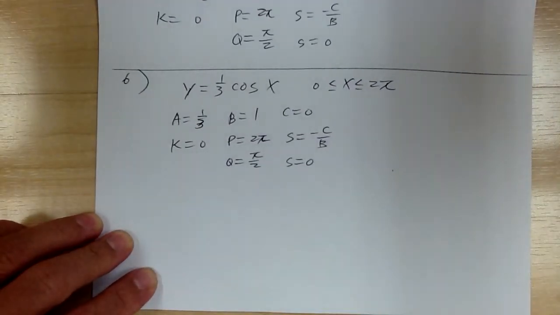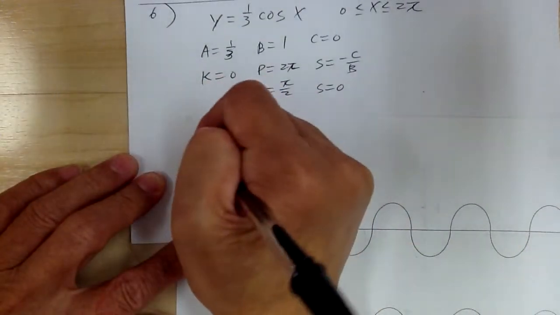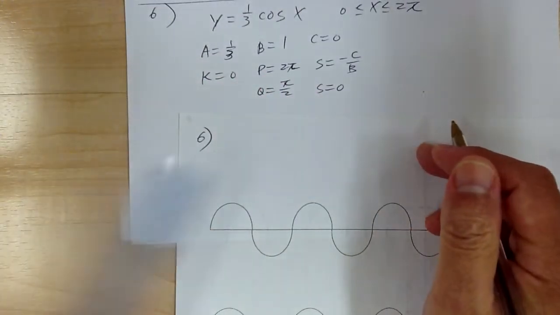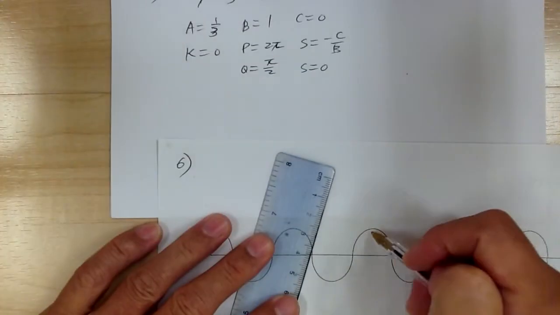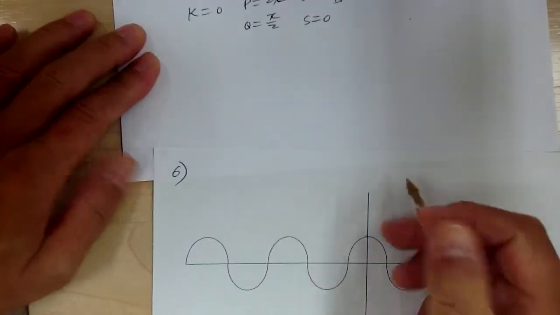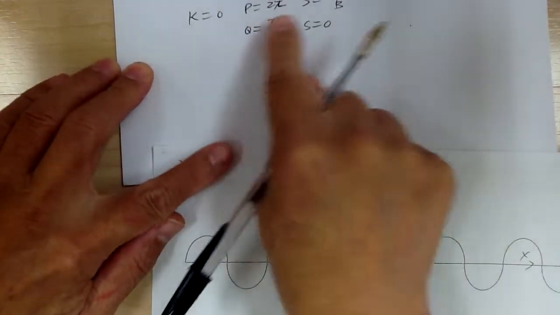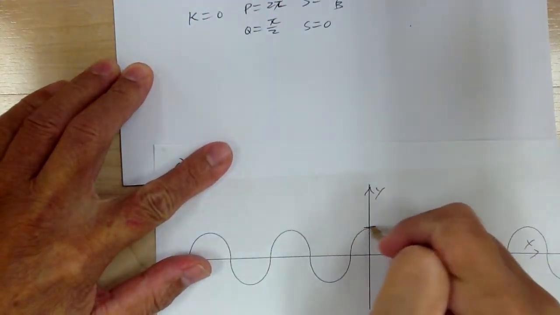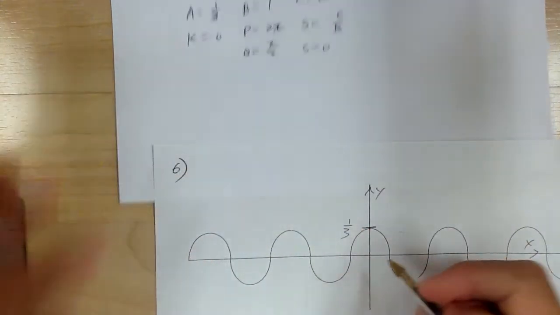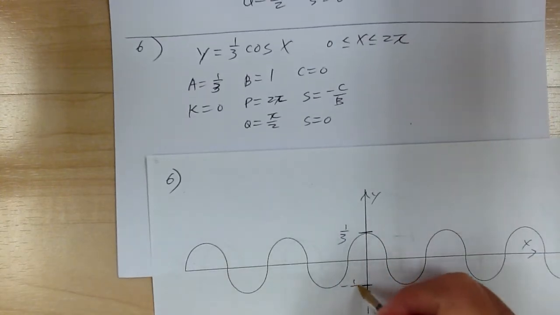Once you do a few, it becomes fairly simple. So when you graph number 6, this is the cosine. Cosine starts from the maximum height, the highest point. So that's the y, this is the x. And the amplitude is 1/3, so this is 1/3, and this would be negative 1/3.